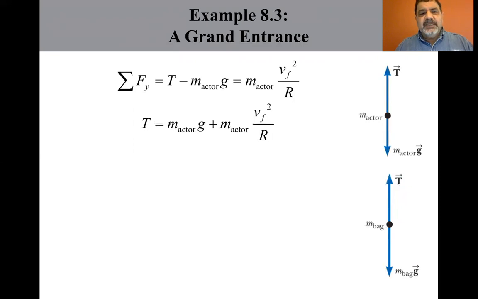Now let's solve for T. You add the mass of the actor times g to both sides, and you get T equals the mass of the actor times gravitational acceleration plus the mass of the actor times v final squared over r.